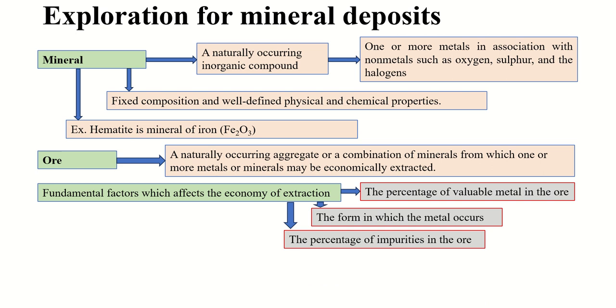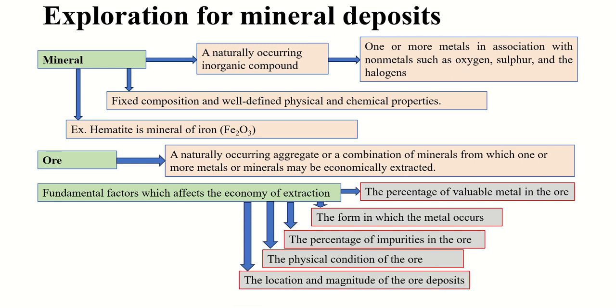There should be a lower percentage of impurity so that it can be extracted economically. Next are the physical conditions of the ore. We have to understand in which physical condition the ore is available, like liquid form or solid form.